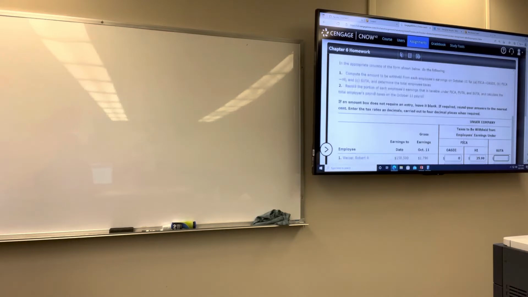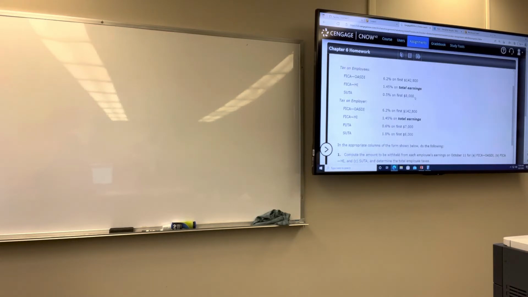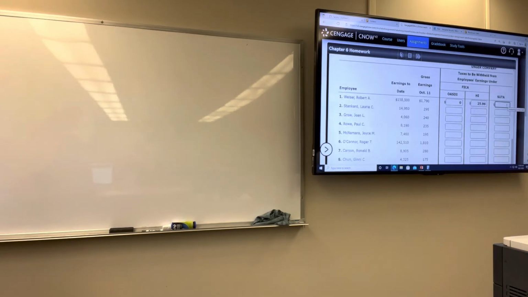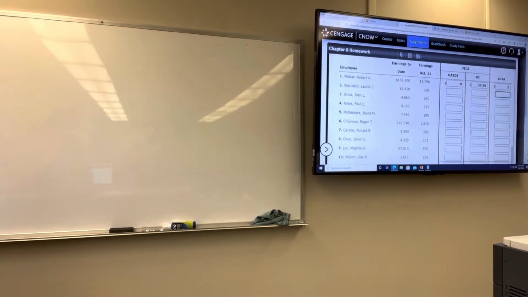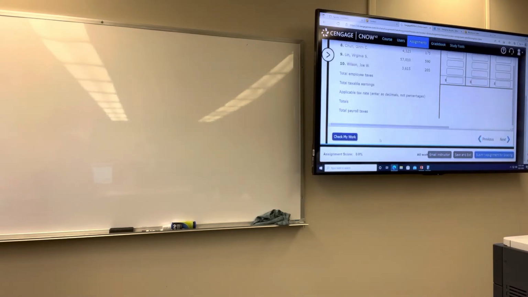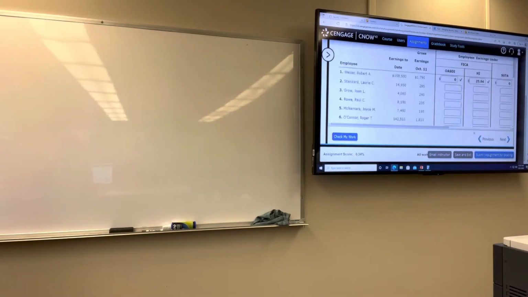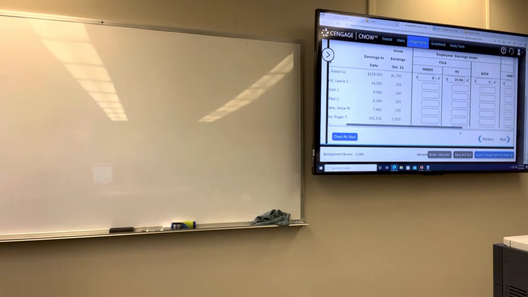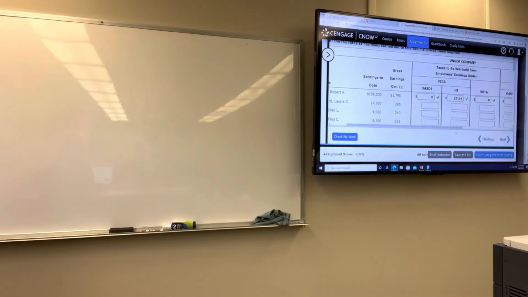And then SUTA tax, it's only on the first $8,000 of income, so there would be no SUTA tax from either the employer or the employee's side for this particular employee. So there's the employee's earnings.